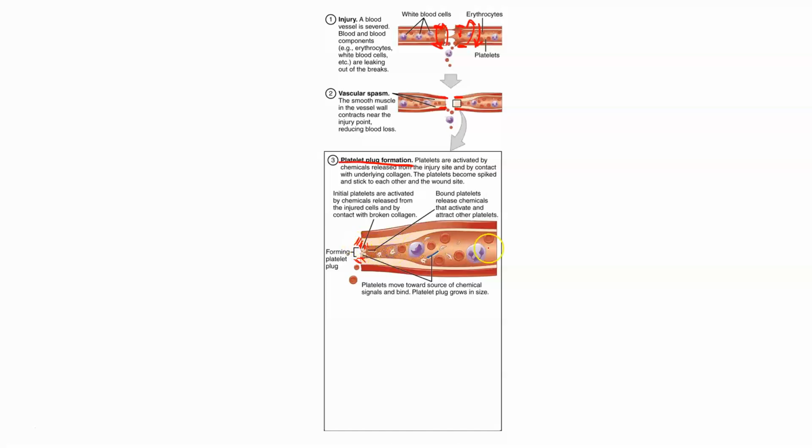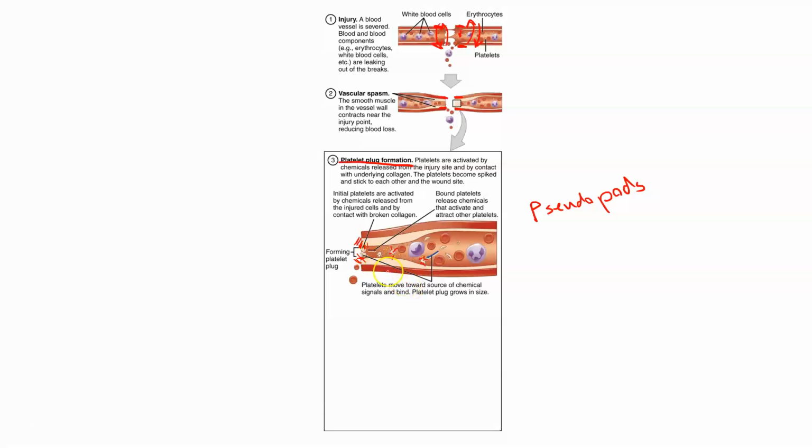Platelets have these little things called pseudopods, which are just like little extensions that you can see here. These little pieces that stick off of them, and those are really good at grabbing on to something like collagen, which is going to be kind of sticking out if this vessel is cut.